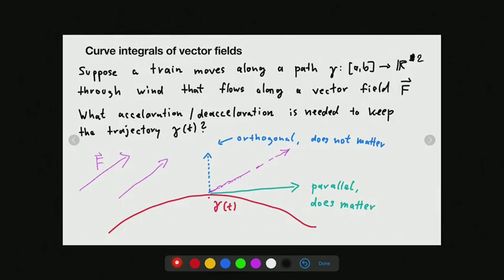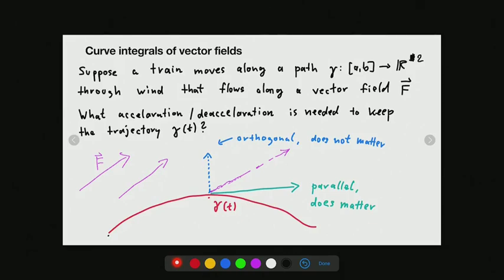Depending on the direction of the wind, it may be a force against your movement, or in the opposite case, it might be a force that actually helps you move forward. Now let's say you are a train driver, a train conductor, then the question is, how does the wind actually influence your movement? How much force do you need to conduct this movement?